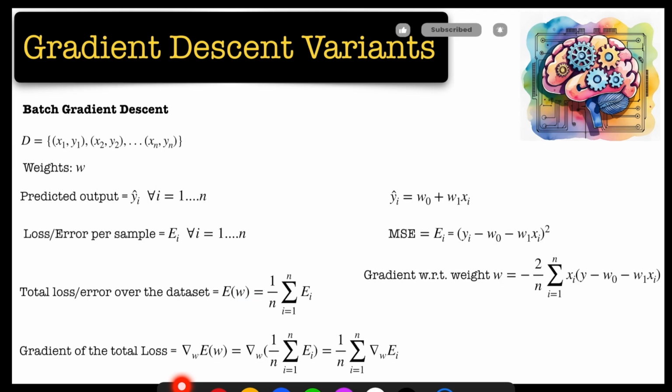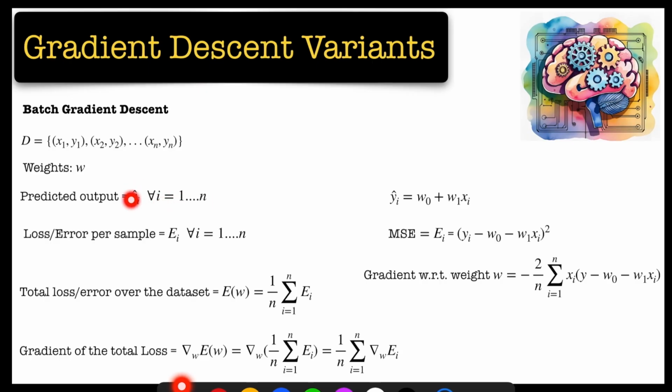Now let's start with batch gradient descent. What is it? We'll have the data set, let's say x1, y1, x2, y2 till xn, yn, these n data points with the samples and the outputs, right? We'll have some weights W and the predicted output yi hat for all i from 1 to n.